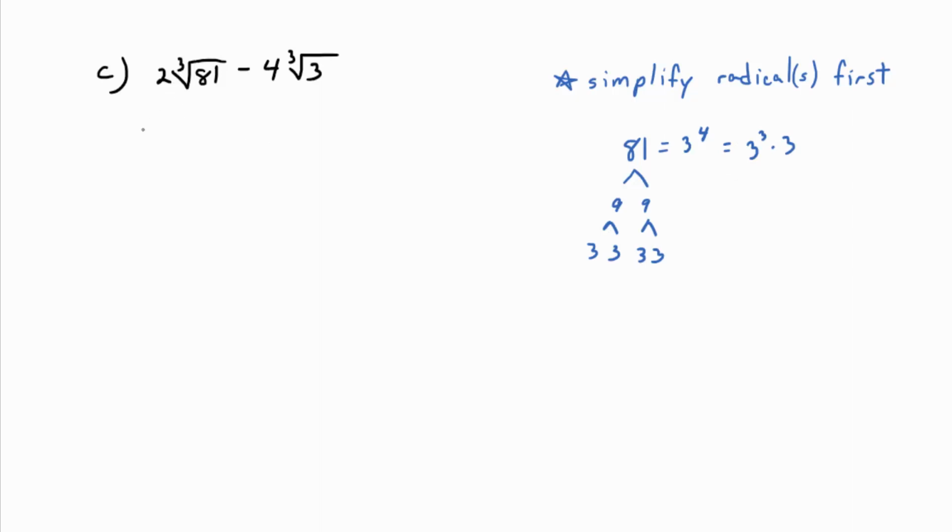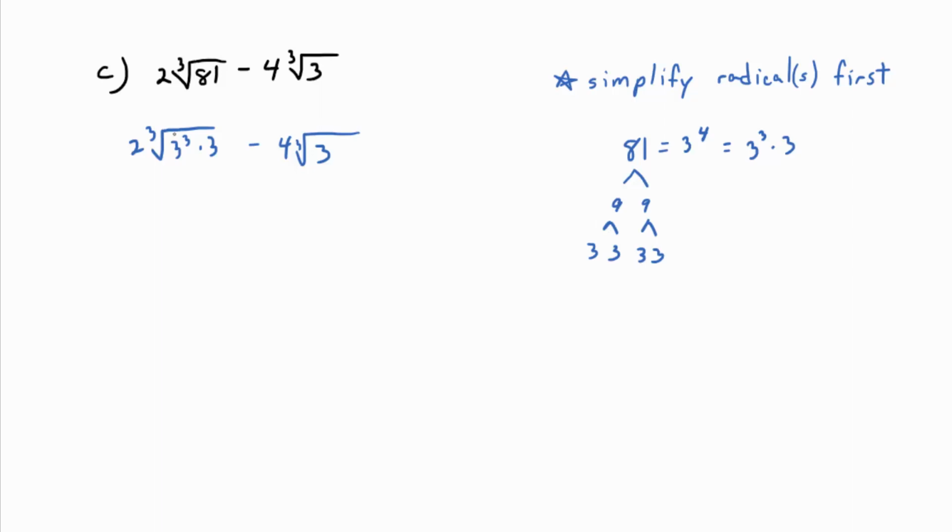So in other words, I could rewrite 2 times the cubed root of 81 as 2 times the cubed root of 3 cubed times 3. And I'm not doing anything with the 4 cubed root of 3 yet. So what can I pull out of that first radical?